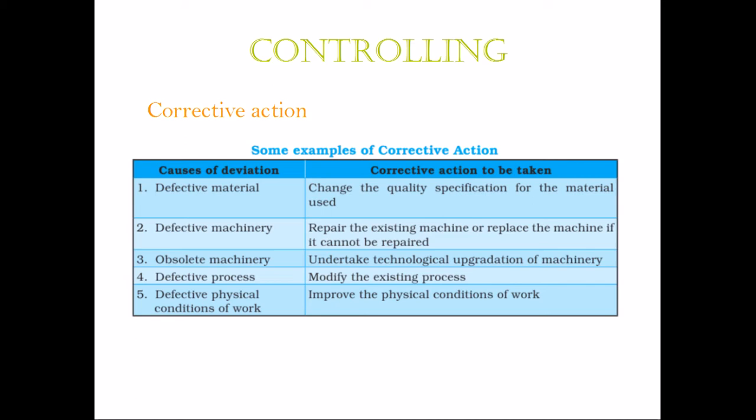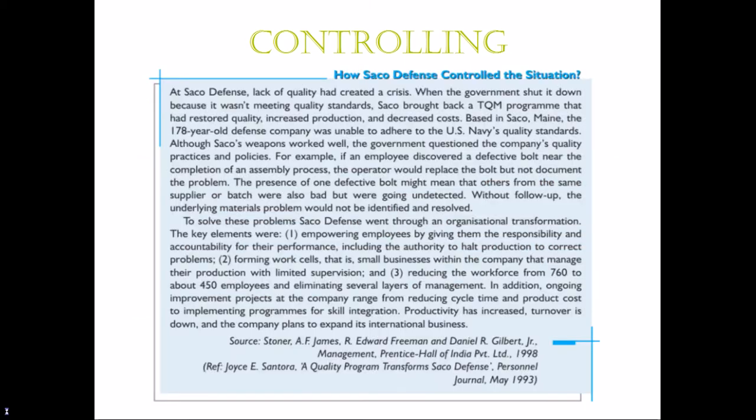Like if it is too hot, install more air conditioning systems, and if the place of work is not easily accessible, they should change the place of work to a more accessible location, and likewise.